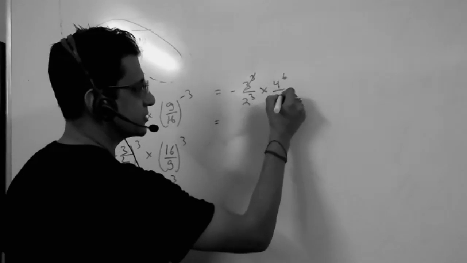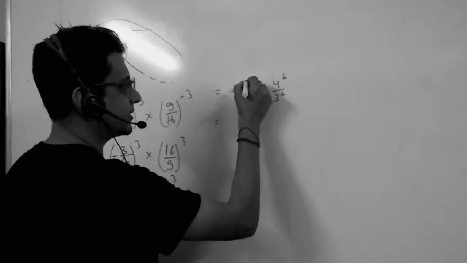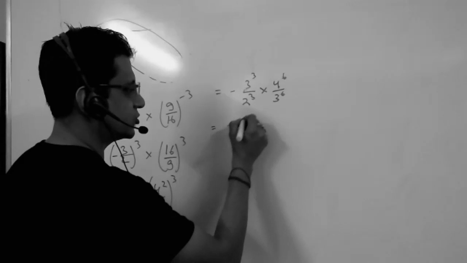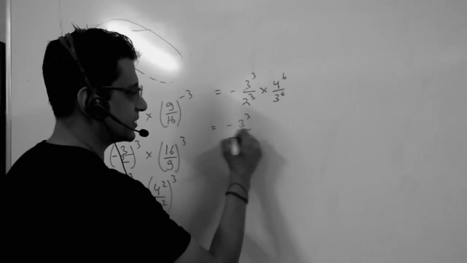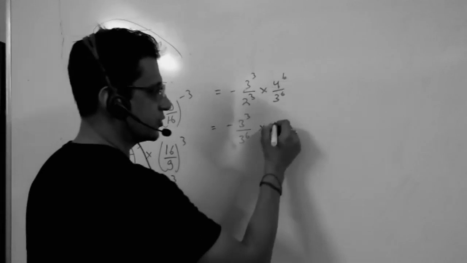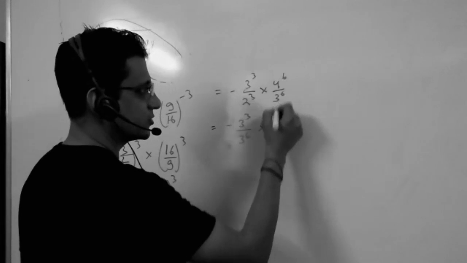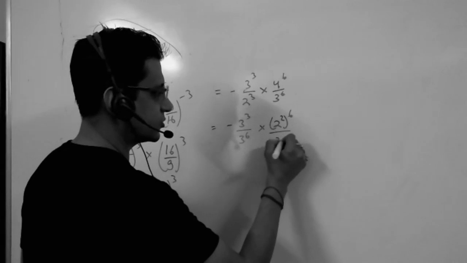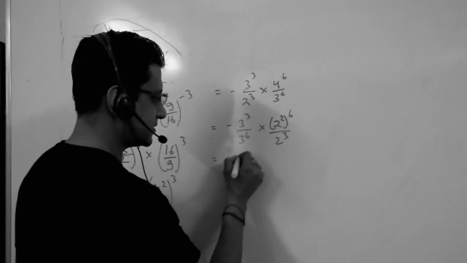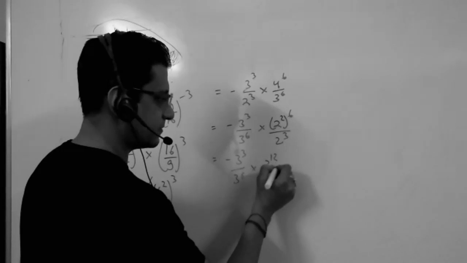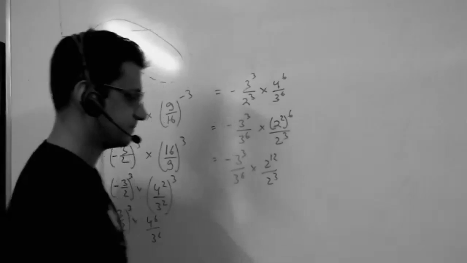To make it simpler, I will write minus 3 to the power 3 by 3 to the power 6 multiplied by 4, which you can write as 2 to the power 2, to the power 6, by 2 to the power 3, so 2 to the power 12 by 2 to the power 3.